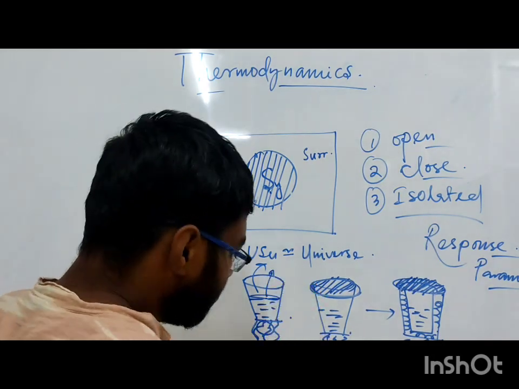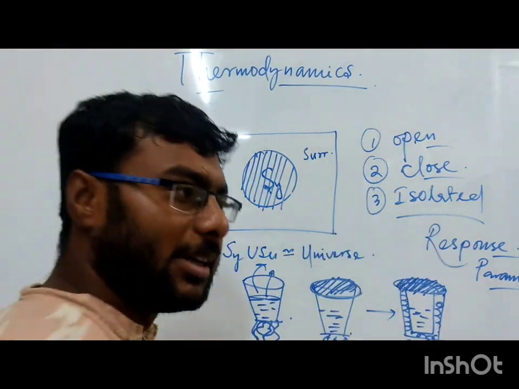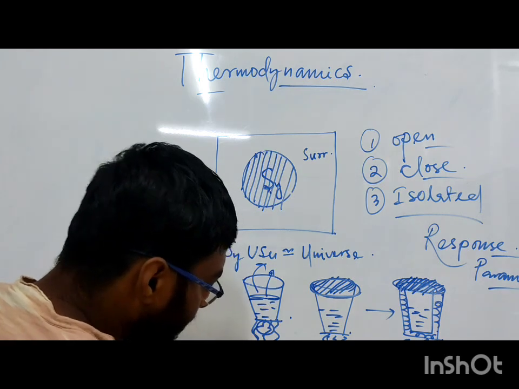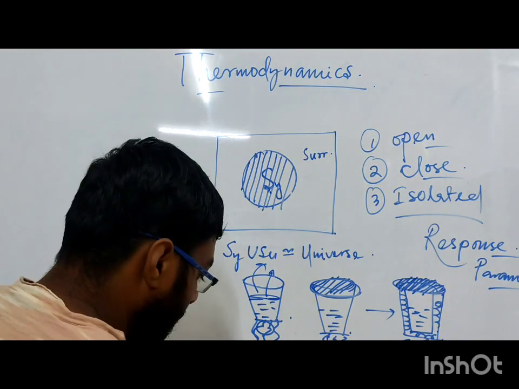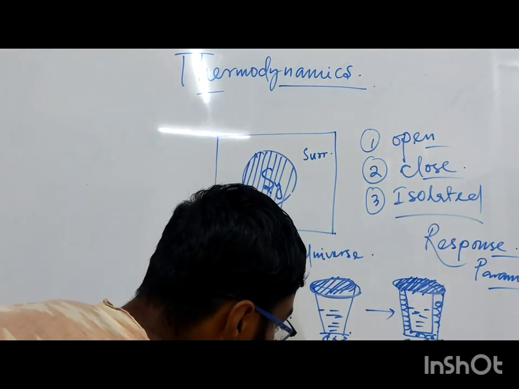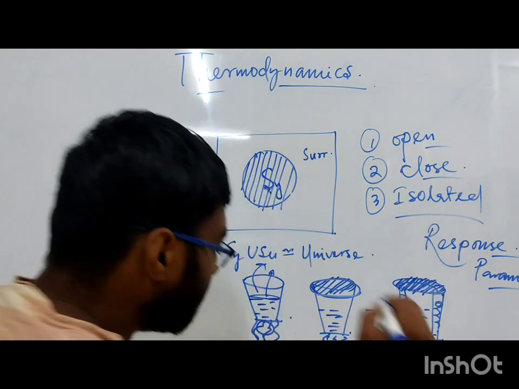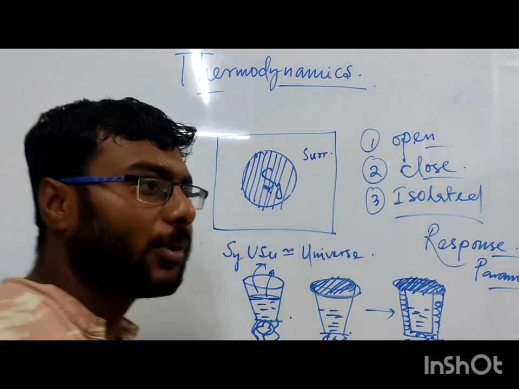For the grand canonical ensemble, the very important response parameter is mu, the chemical potential. What is chemical potential?